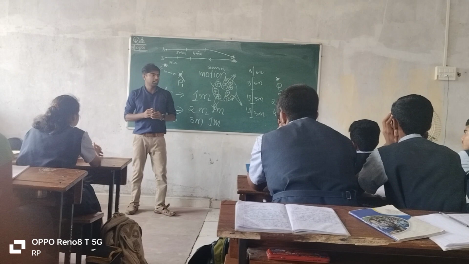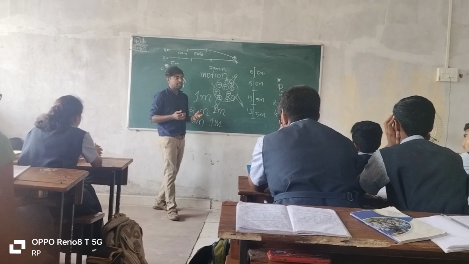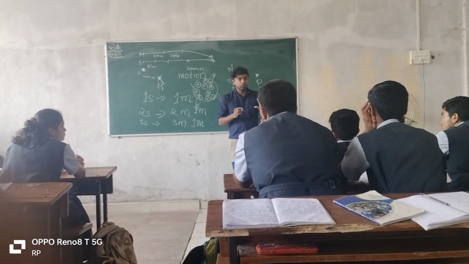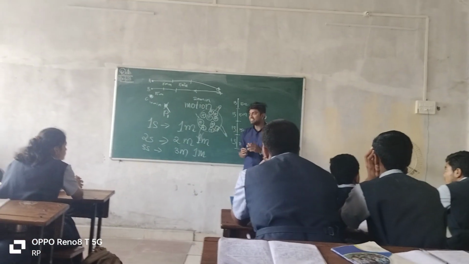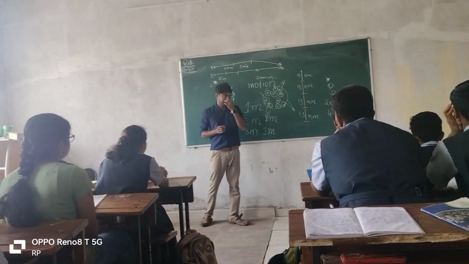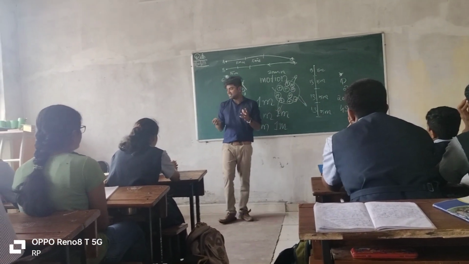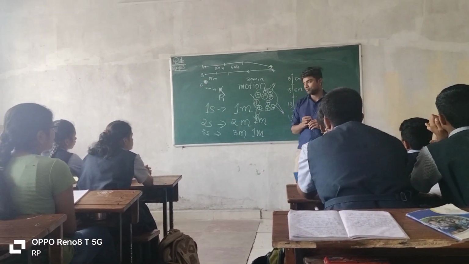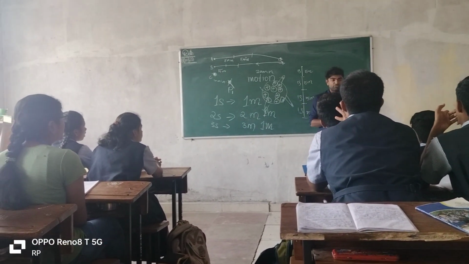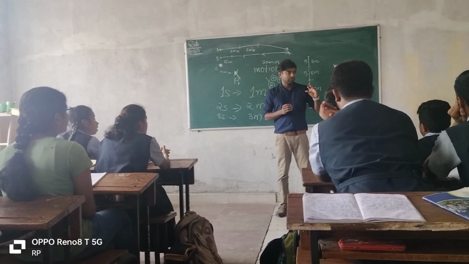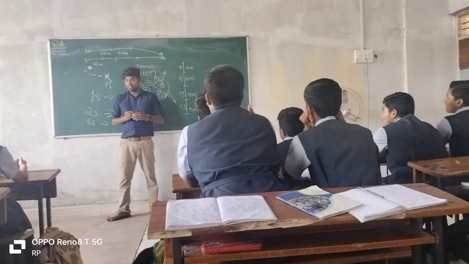But before that, let me ask you about Bohr's atom model. How many of you know about Bohr's atom model? According to Bohr's atom model, what are shells? We are going to study about shells. Here, what are shells and how are the electrons and protons arranged? We have energy levels, energy shells.